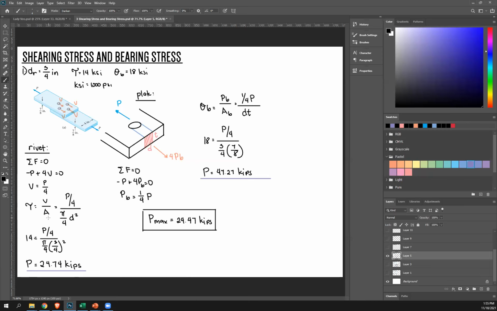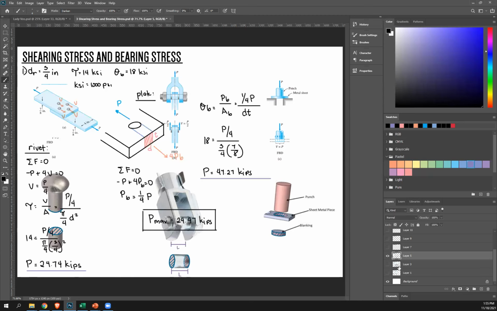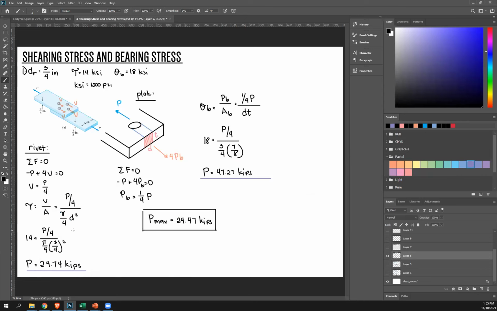The area is a circle, because the shear area of a rivet is a circle as seen here, so pi over 4 d squared. Now we just sub in everything: 14 ksi, P is what we're looking for, over pi over 4 times... 74. Yeah, thank you for the correction.